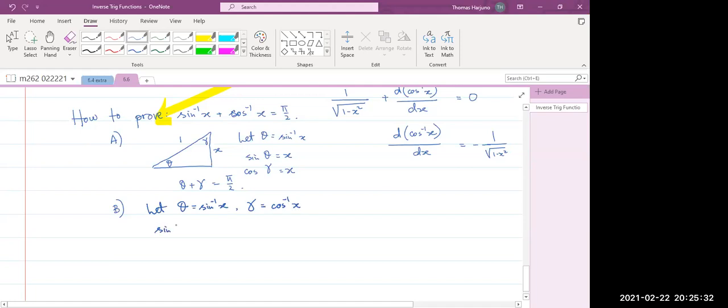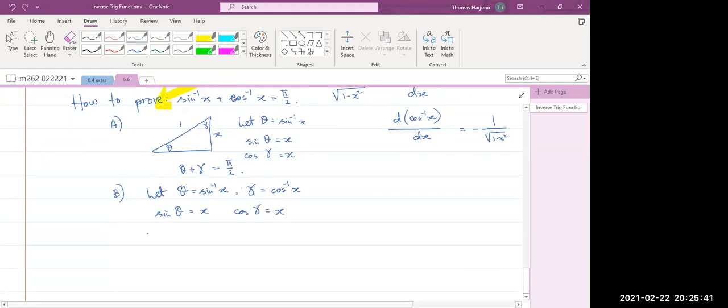Sine theta equals x, cosine gamma equals x. And we draw the triangle. If this is theta, this is x, this is 1. If this is gamma, as if theta and gamma have no relationship at all.